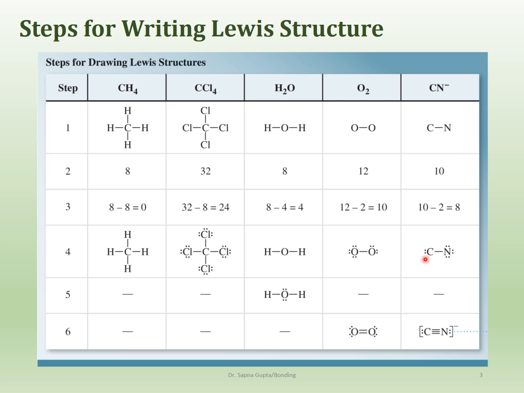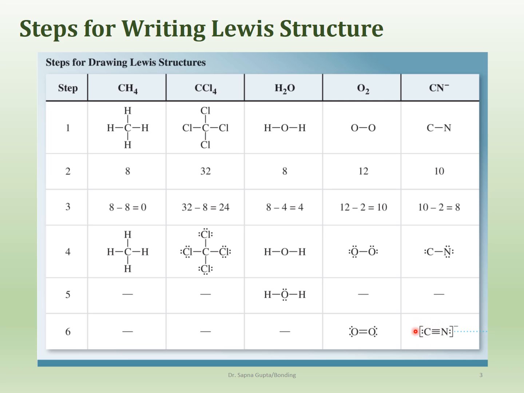So what we have to do to make it happy is share more electrons between carbon and nitrogen. Carbon can have up to 3 or 4 bonds. So here we form 2 more bonds between carbon and nitrogen.